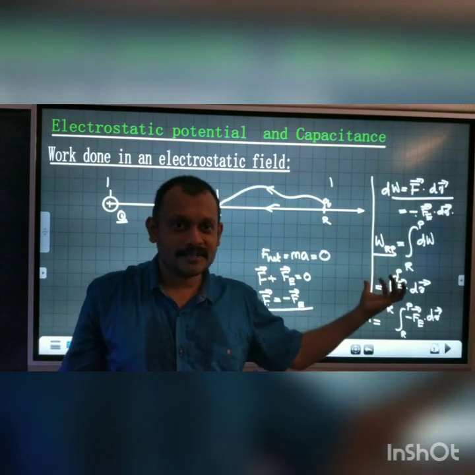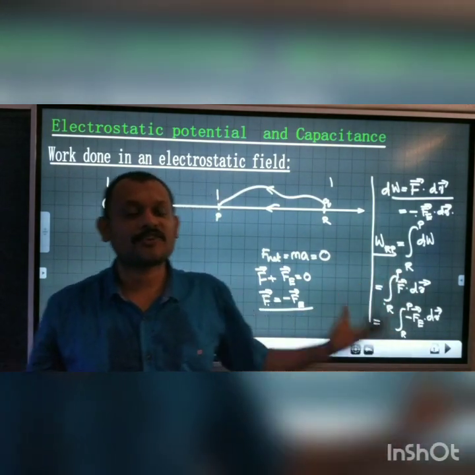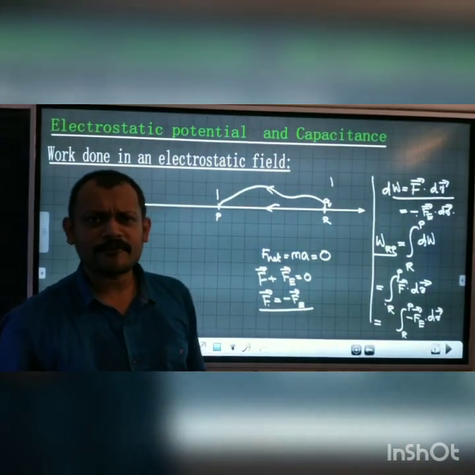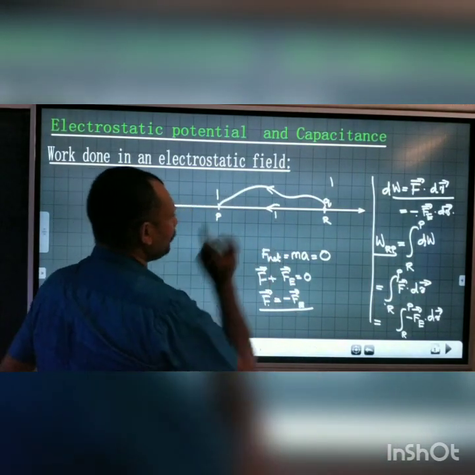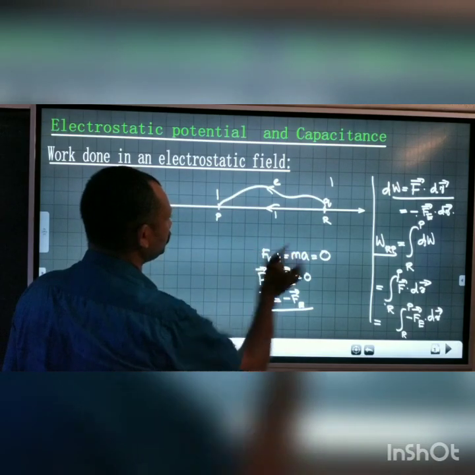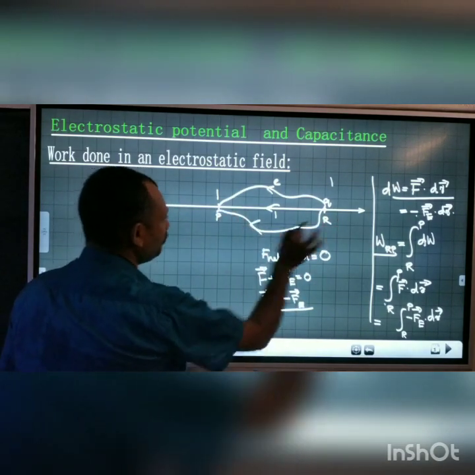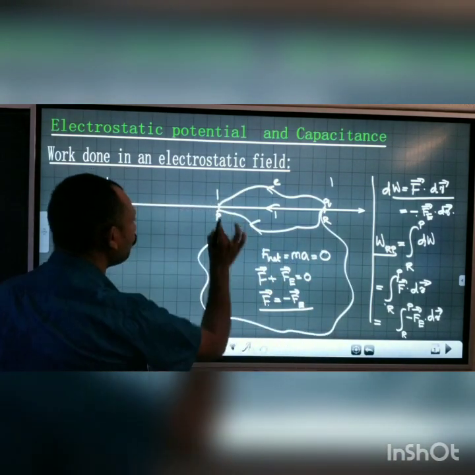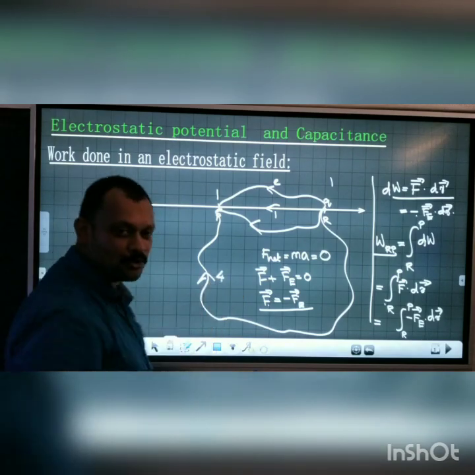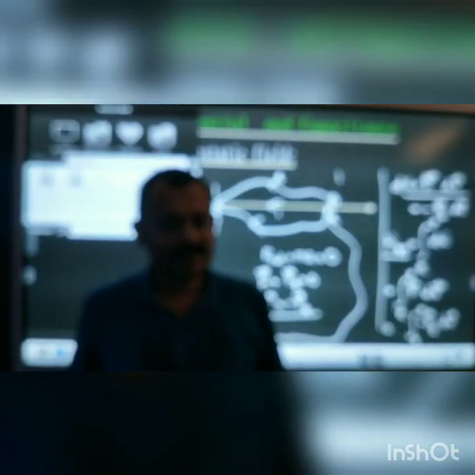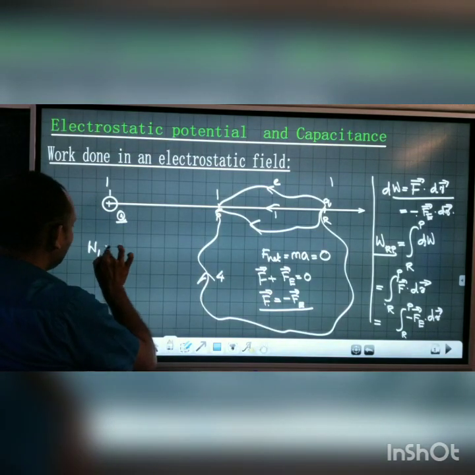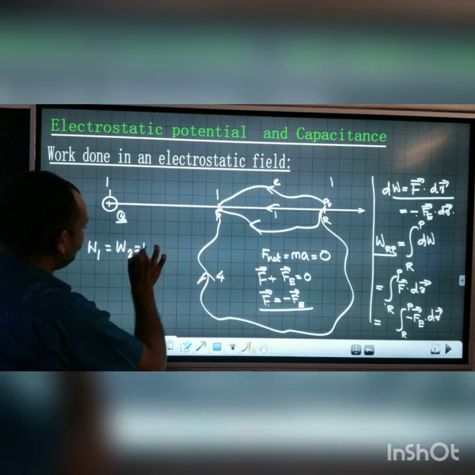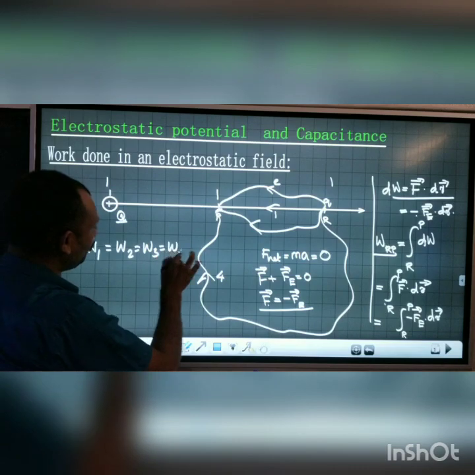The integration does not depend on the path involved because electrostatic force is a conservative force. So if you take path 1, path 2, path 3, path 4 or whatever path you would like, the answer will remain the same. That is W1 is equal to W2 is equal to W3 is equal to W4.